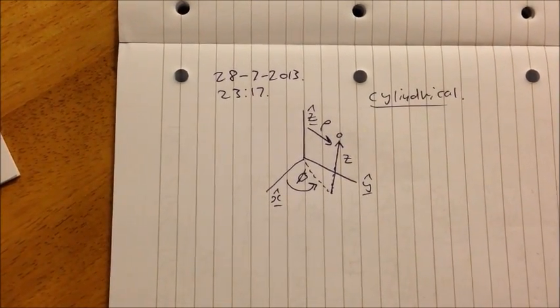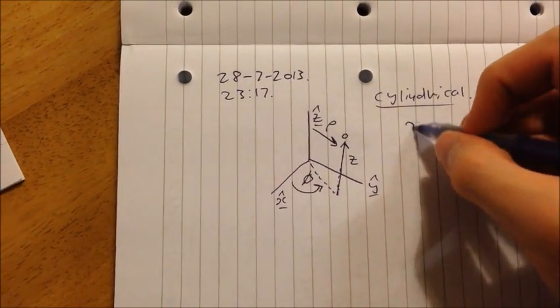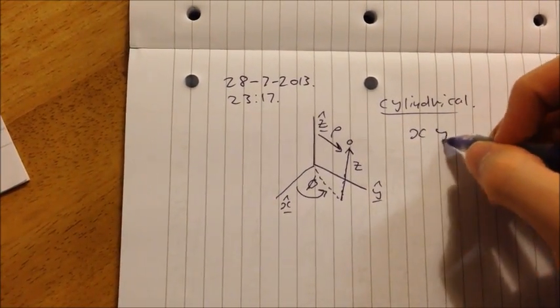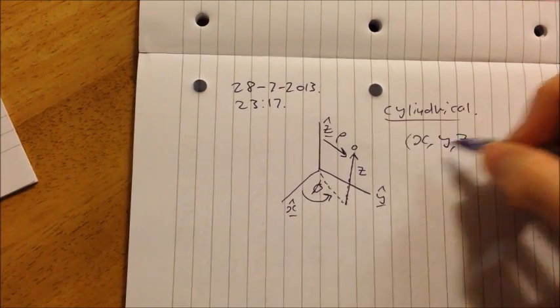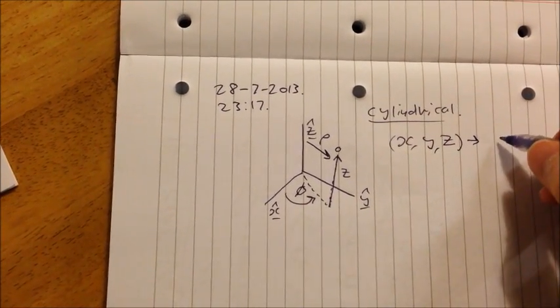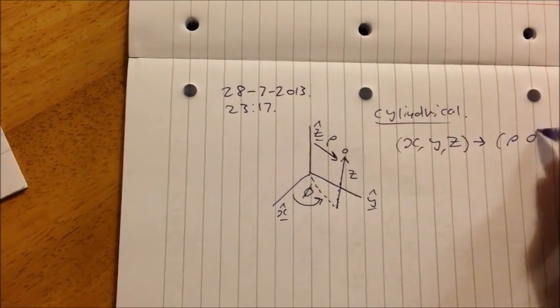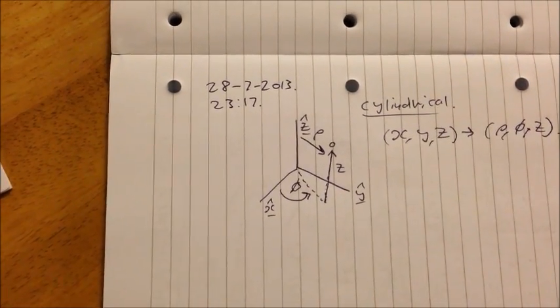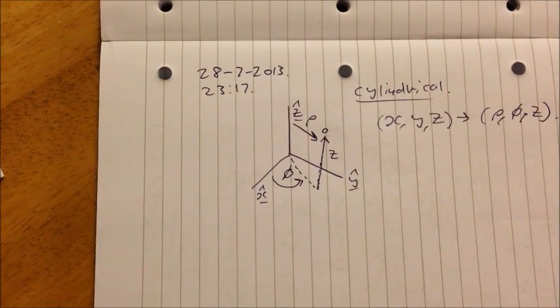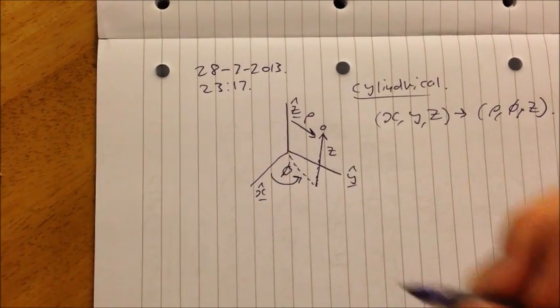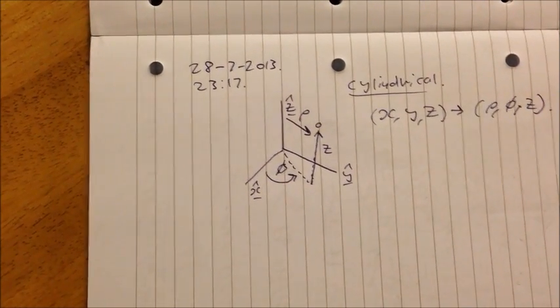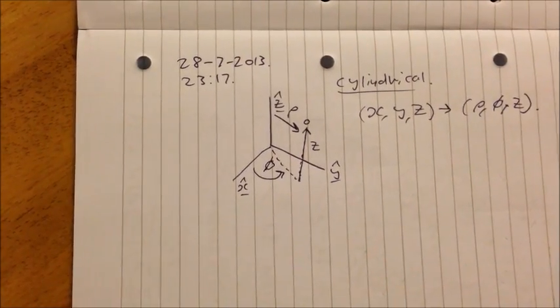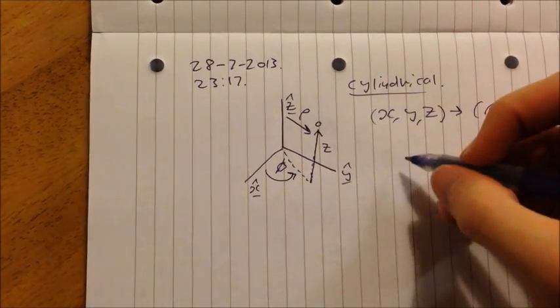Okay, and I need to remember that it goes from x, y, and z, which is more familiar, to the rho phi z coordinates. Okay, so now let's derive the relationships to convert from Cartesian to cylindrical.